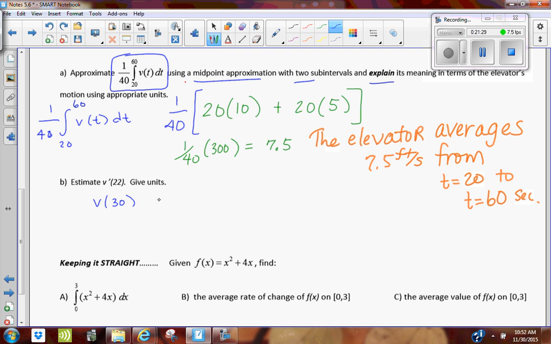So v of 30 minus v of 20 over 30 minus 20. Need to put the numbers in there. 10 minus 5 over 10. I had the right 10 though. I don't even know that we needed that question.